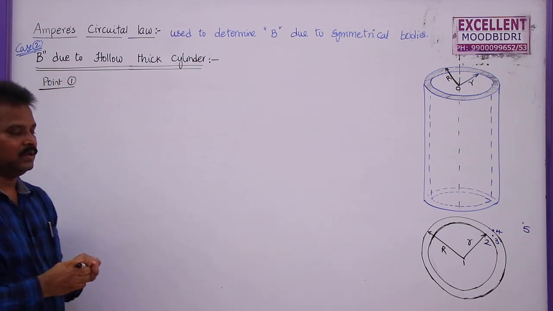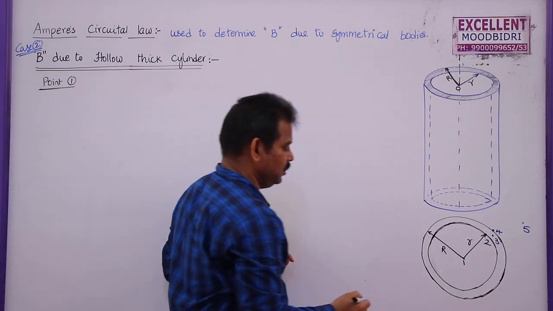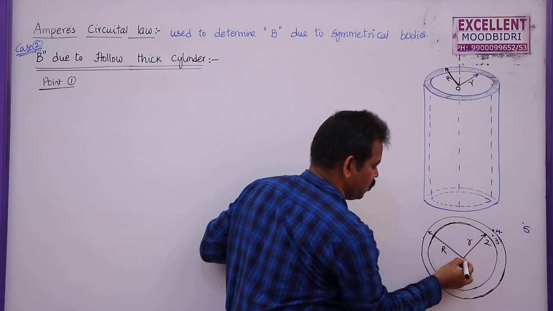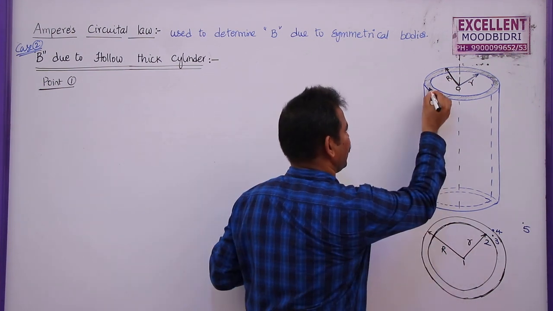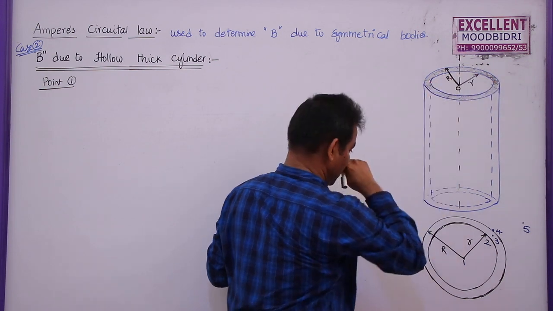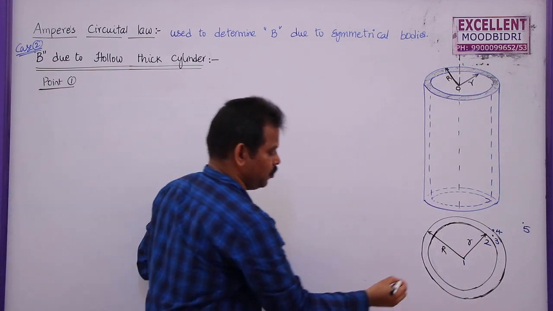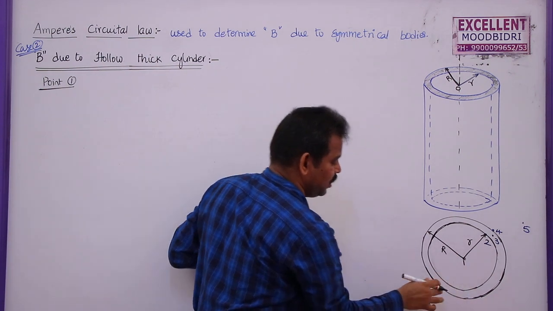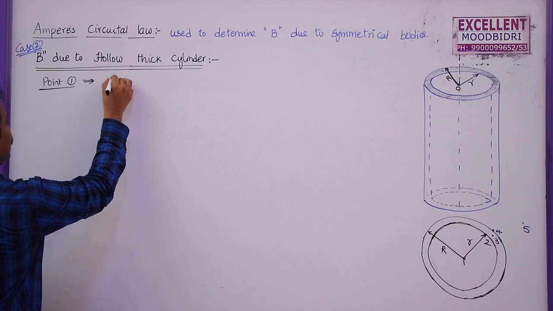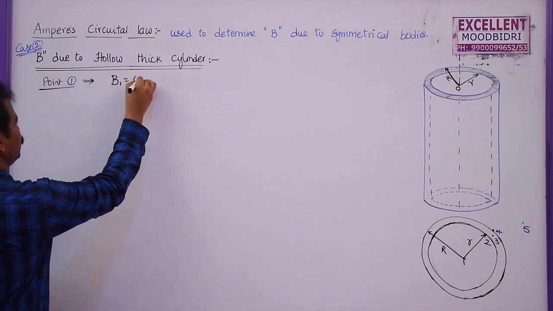Point 1 does not contain any material. This is the hollow region and no current is passing through this point. Current is passing only through this material. As there is no current, if you draw a small Amperian loop here, it will not enclose any current. So at point 1 the magnetic field will be 0.